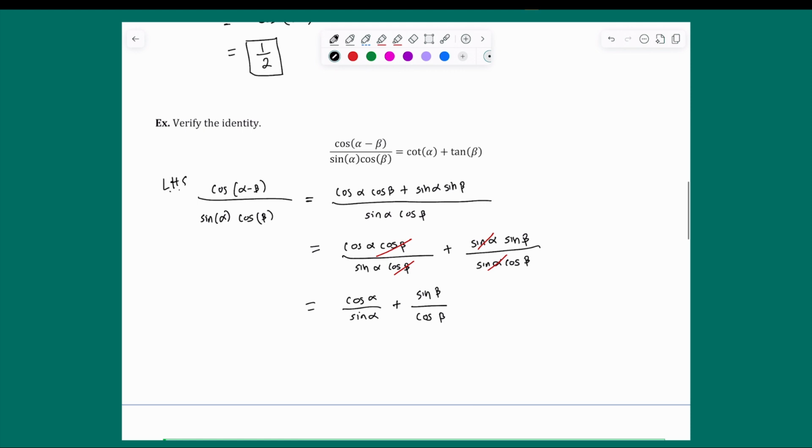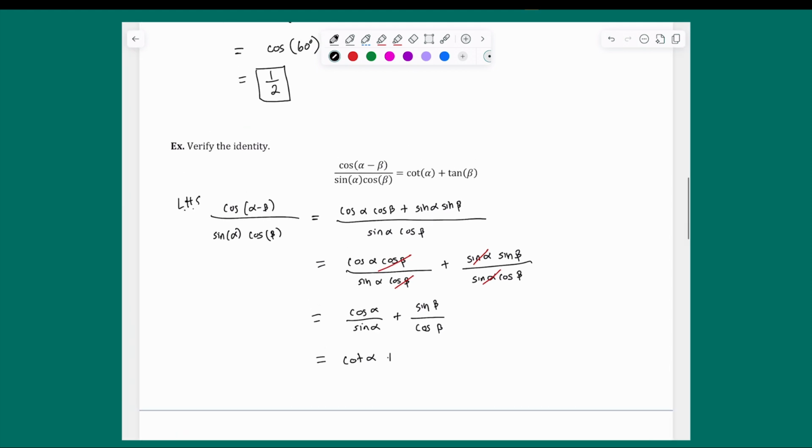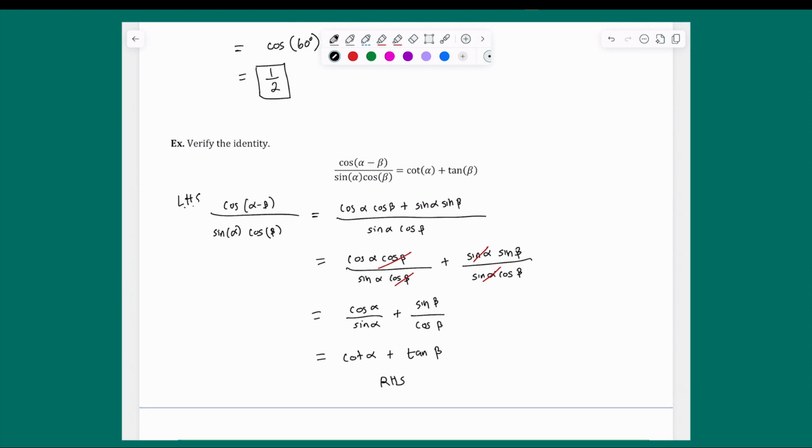Well, cosine of alpha over sine of alpha is just cotangent of alpha, and sine of beta over cosine of beta is tangent of beta, which is the right-hand side.